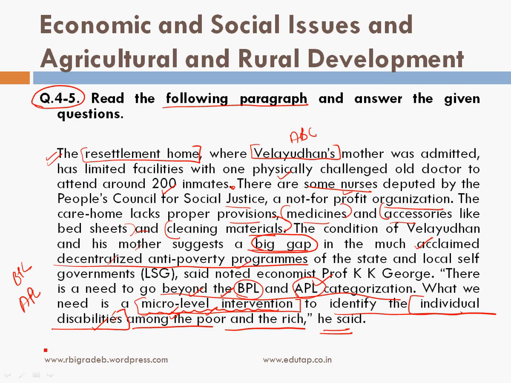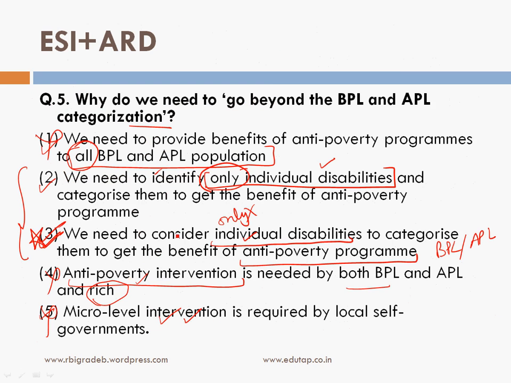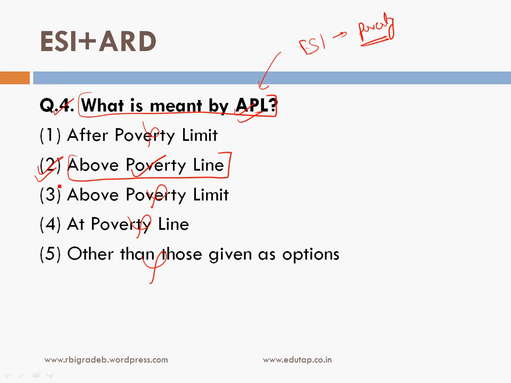It is not saying that you have to identify only the individual disabilities. Right, so each word is important. You have to read it very carefully. Again, this question is based on the passage, and the answer can also be found in the passage itself. So the answer has to be inferred or deduced from the passage, but it is not like this question that you have to bank upon your existing knowledge.